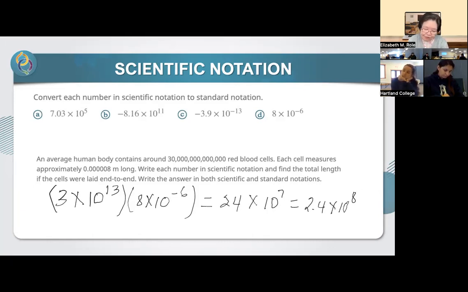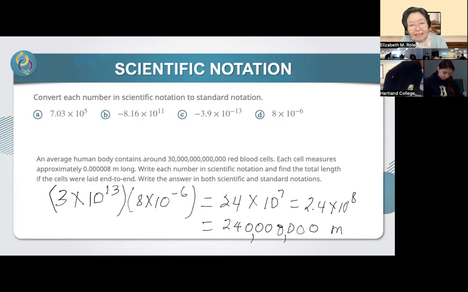And if we change this to standard notation, then after the 4, we'll add 7 zeros, right? So you now have 2, 4, then 1, 2, 3, 4, 5, 6, 7 zeros. So this is now 240,000,000 meters. So that will be the length of your red blood cells if they are laid end to end.